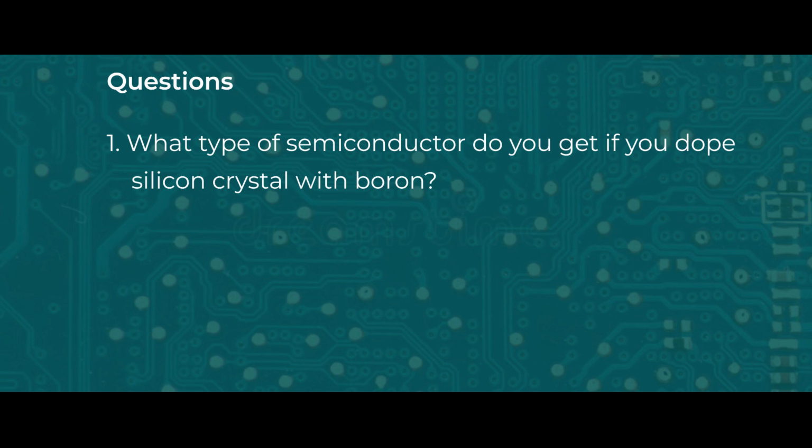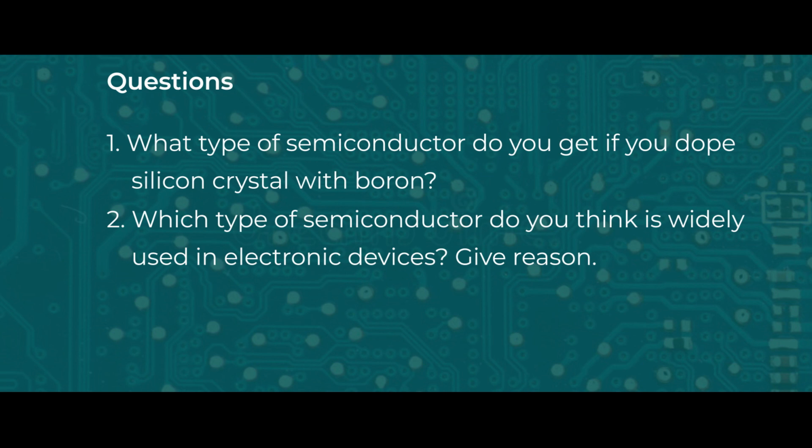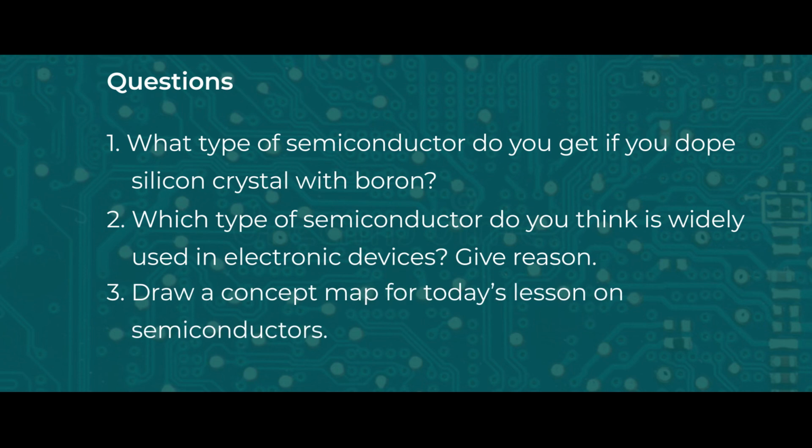Then you can easily get the type of semiconductor. Okay, look at number 2. Now, which type of semiconductor do you think is widely used in electronic devices? You can give some reasons. And the third one, you can draw a concept map for today's lesson.